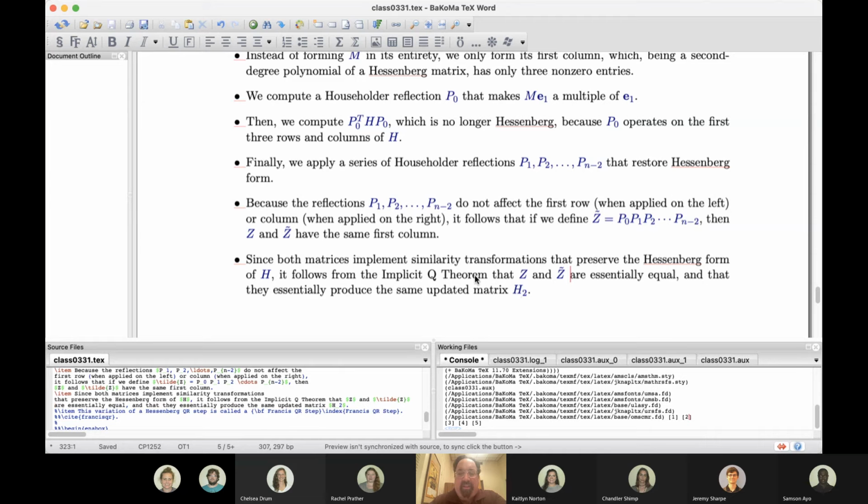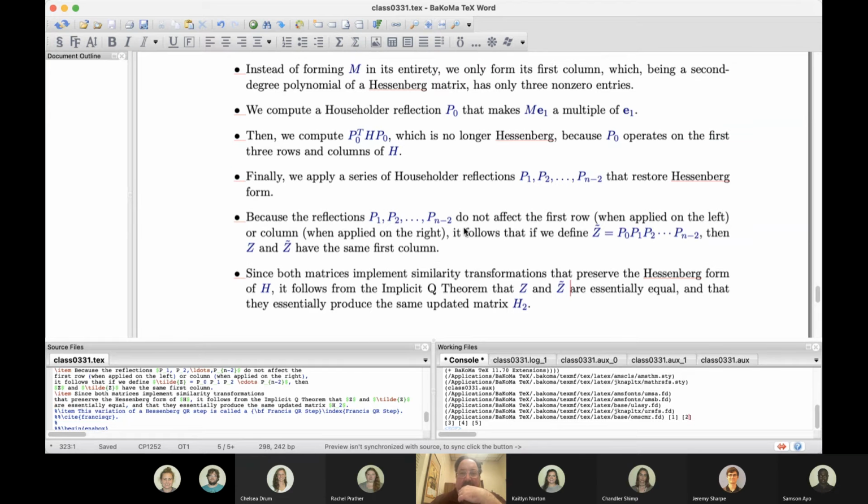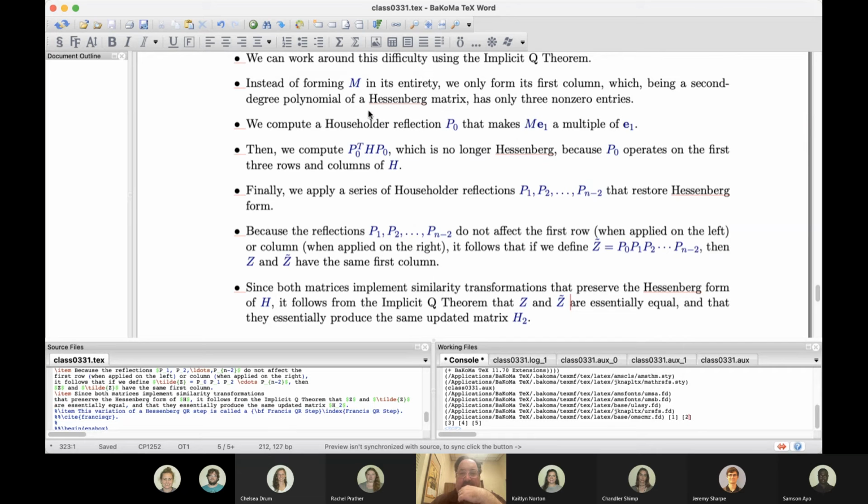So really, instead of saying fake it till you make it, we make it by faking it. We pretend that we're going to start QR factorizing M without forming the whole thing. And then we make sure that when we apply this transformation, we keep the matrix Hessenberg.